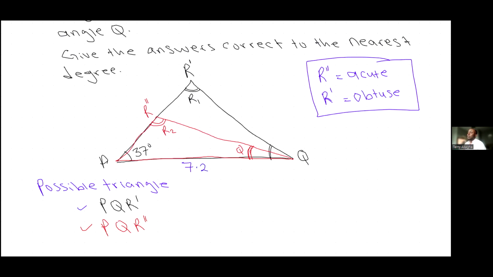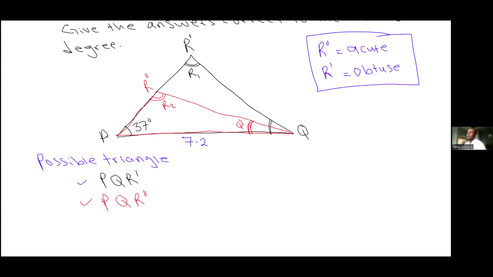If you're looking at both triangles, we have two triangles that I combined here. If that is confusing you, you can separate them as well. For this one, you can separate it to look like this: you have P, Q, R1, this is 7.2, and this is 37.